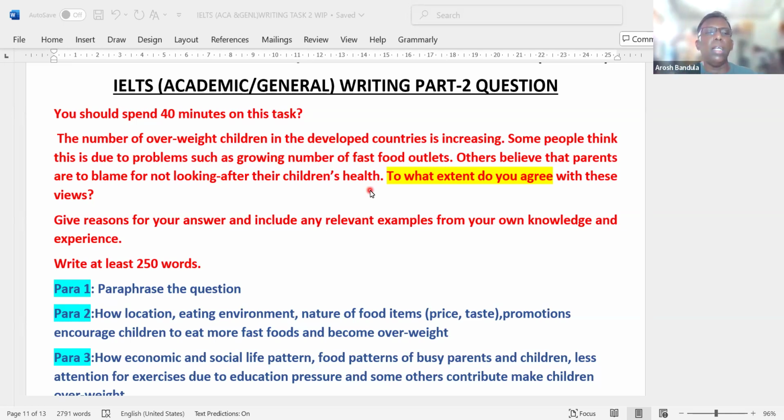Some people think it is due to the growing number of fast food outlets, but others think it is because parents are not properly managing or giving the right attention to the health of their children. To what extent do you agree with these views? Give reasons for your answer and include any relevant examples. That is the question.